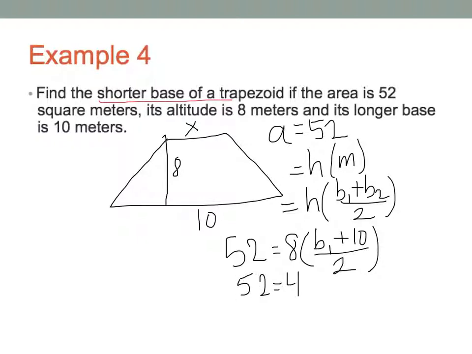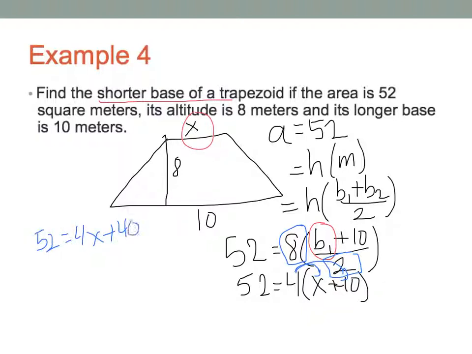Now I'm going to replace base 1 with the variable that I have as x, x plus 10. Now in that step, I took my 8 and my 2 and I simplified it and got my 4 on there. Okay, next step, I'll distribute my 4 and I'll have 52 equals 4x plus 40.